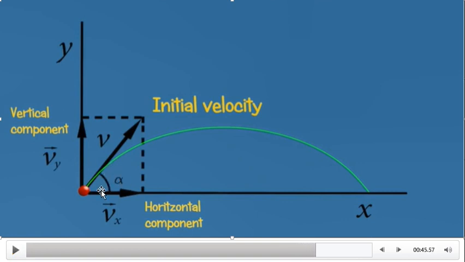See now, what I told you before, and I explained well in my first part of the video on projectile motion. Alpha here is the acute angle of the velocity v, which is less than 90 and more than 0.